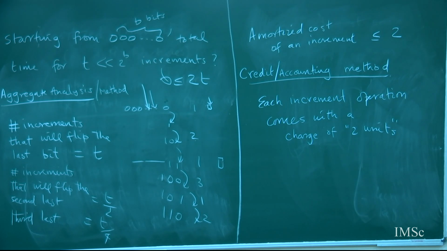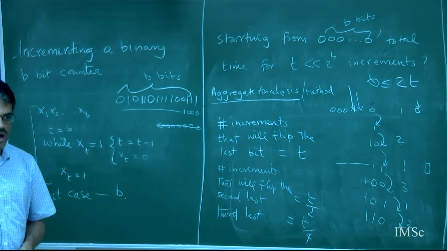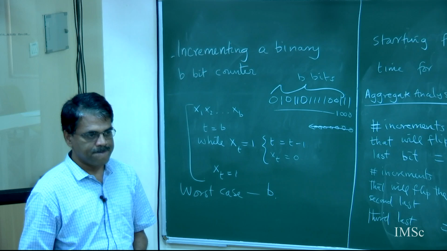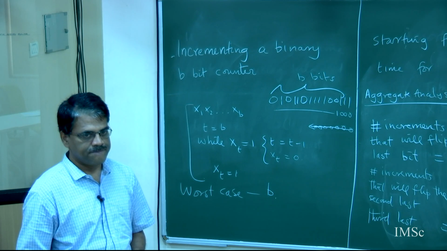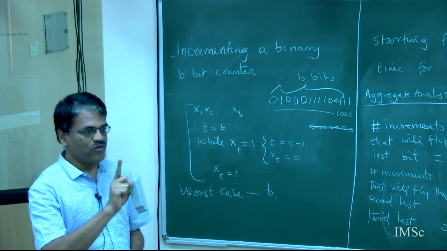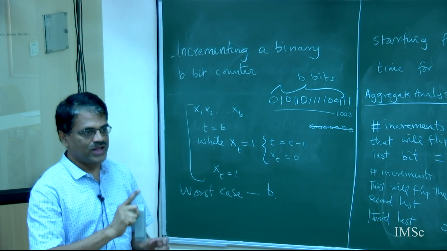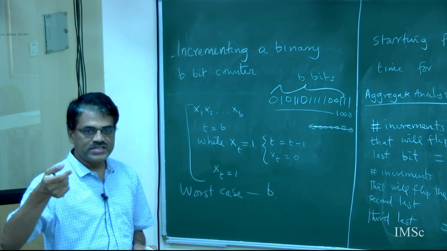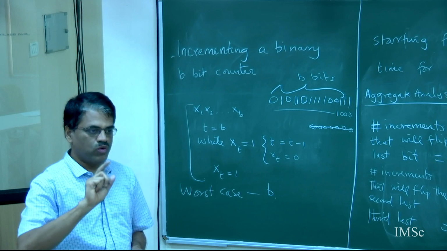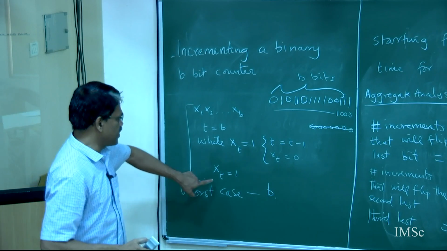How many 0 to 1 flips does any increment operation do? Exactly 1, right? There is no variation. Lots of 1s may get changed, but when it changes a 0 to 1, it happens exactly once, and that's happening here.